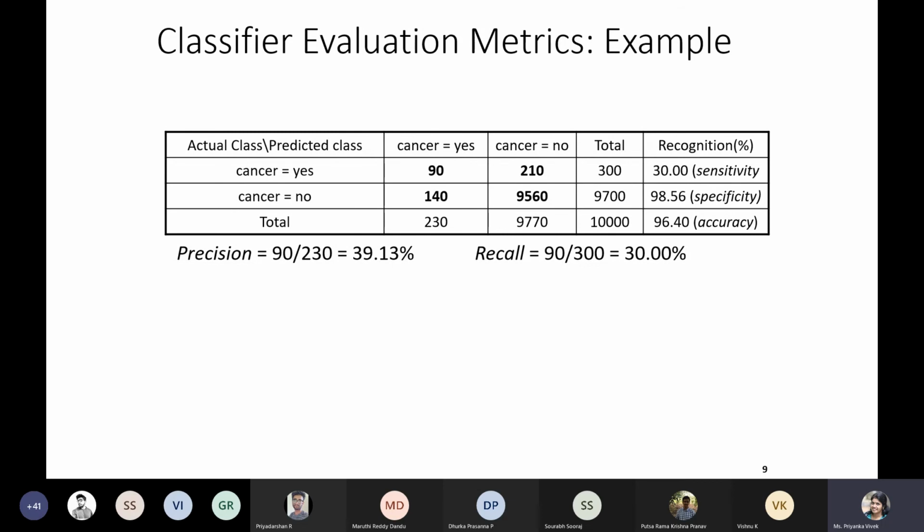Now this is just an example, where cancer is yes this much. What they are concluding is, here also if you see, the accuracy is 96%, which we may feel is very good, but if you see the precision and recall, they are very bad. Sensitivity is too low. So we understand that there is some misclassification going on.